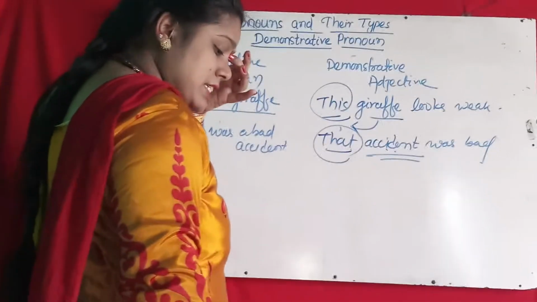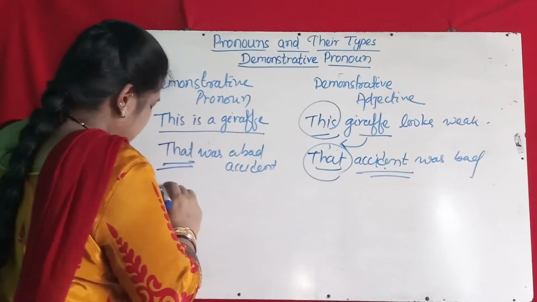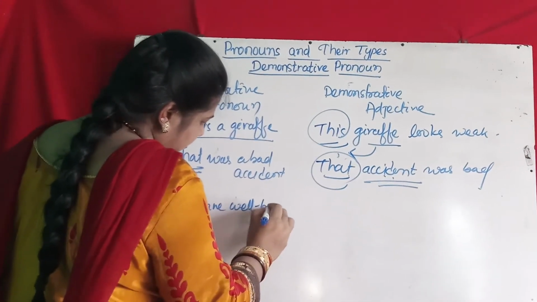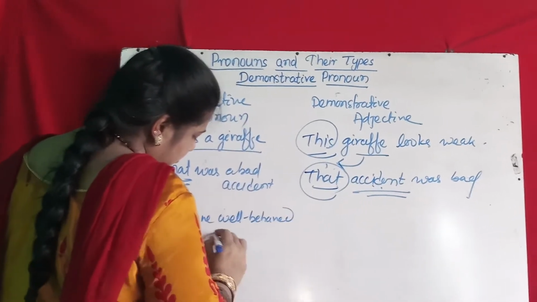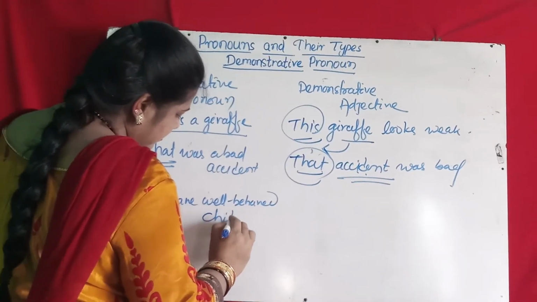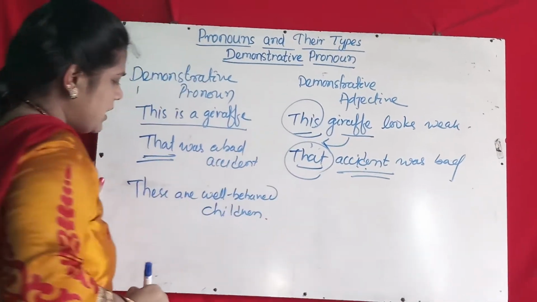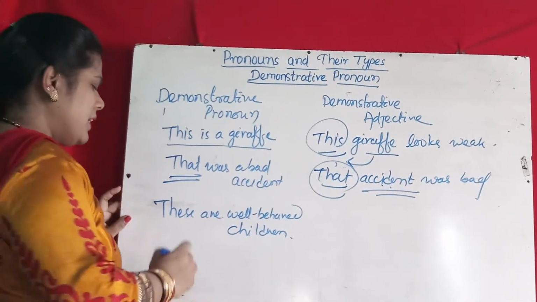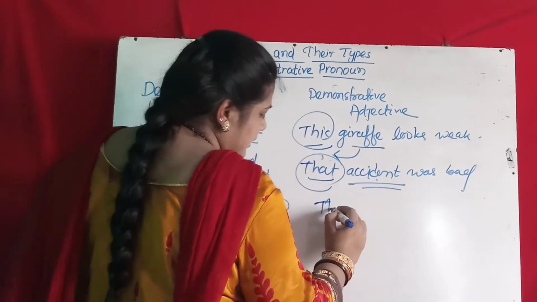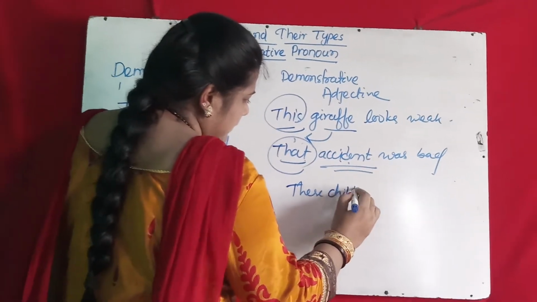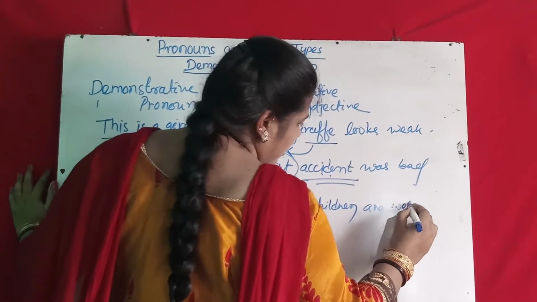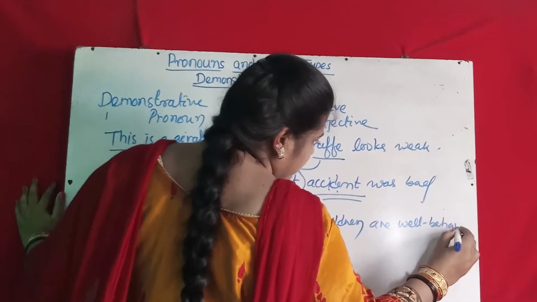Another example: these are well behaved children. When we have children, and you change it to a demonstrative adjective, these children are well behaved.